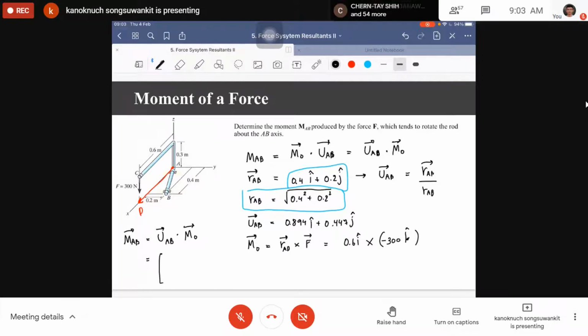In the matrix form, the first row shows the components of U. Okay, the second row shows the position vector R. And the last row, the force F.